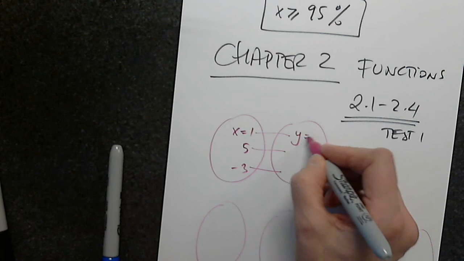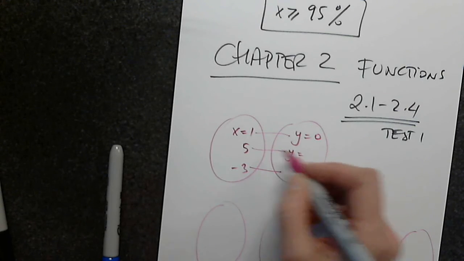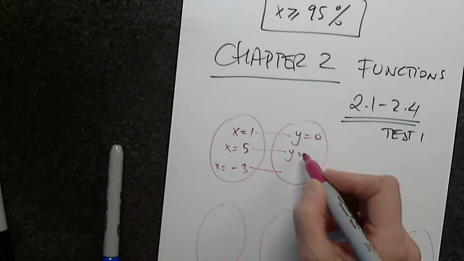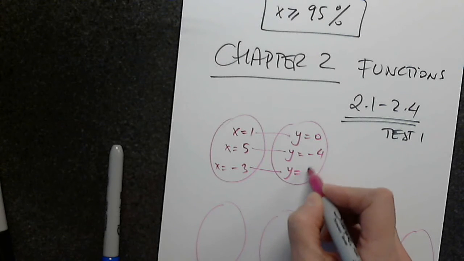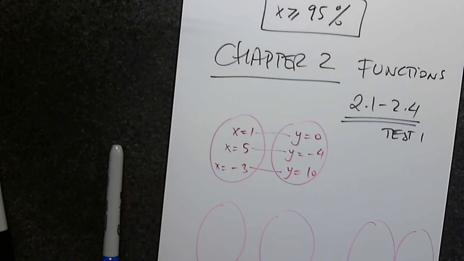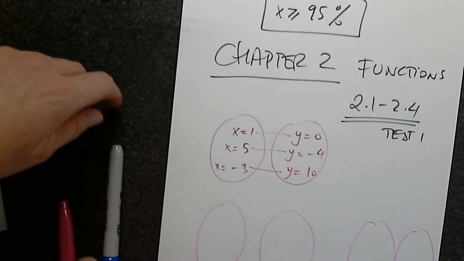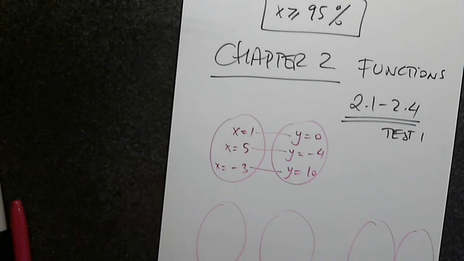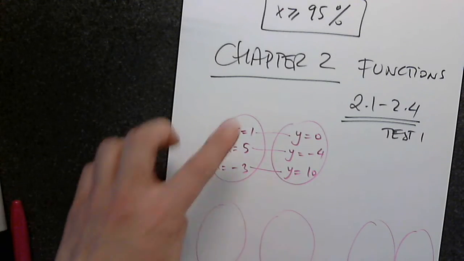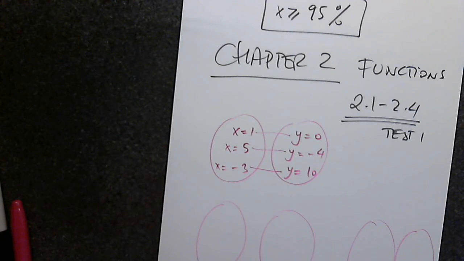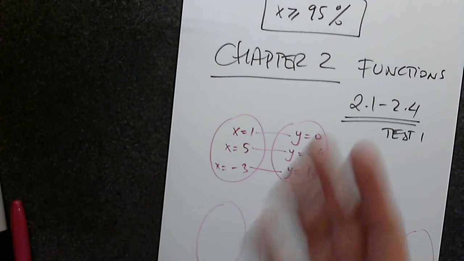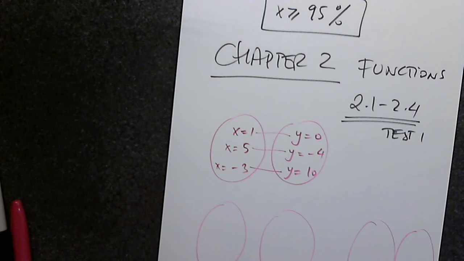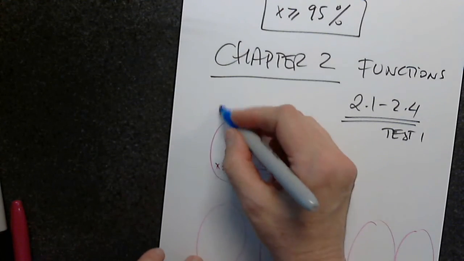I'm going to say that y equals 0, y equals -4, and y equals 10. As you notice, to each x value from the first set, it corresponds only one y value. Agreed? 1 corresponds only to 0, 5 only to -4, and -3 only to 10. Agreed? Okay, so this is what is called a function.